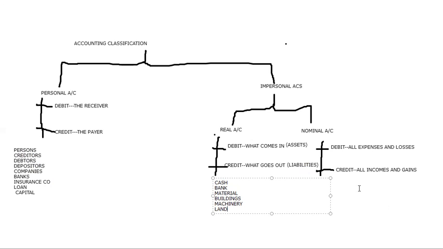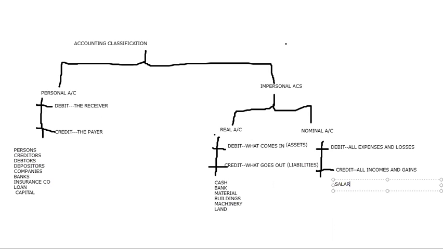Then what will these other things be? These are, as I said, all the expenses and losses, incomes and gains. Anything here which I cannot categorize, or I have missed categorizing, I am going to put here. So what are the expenses?